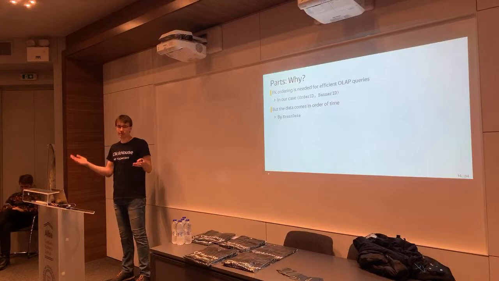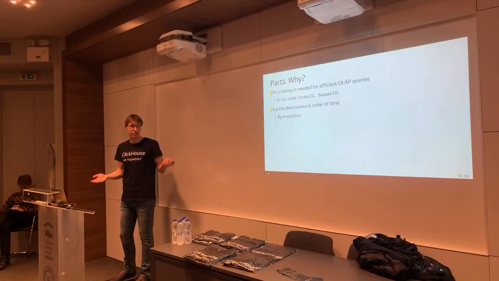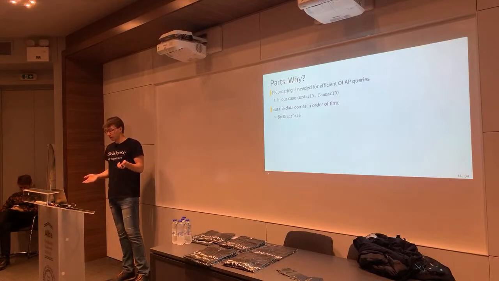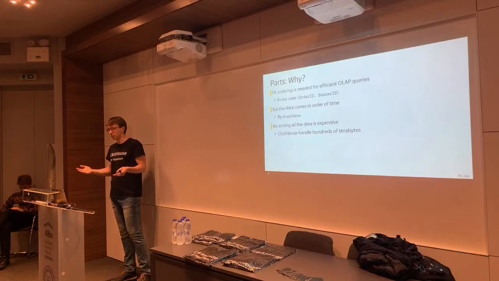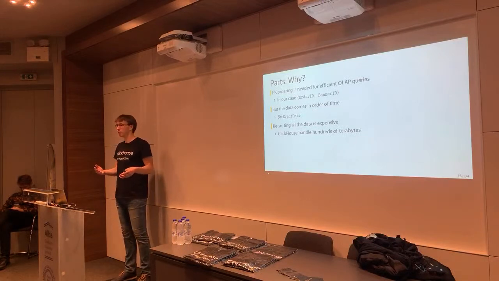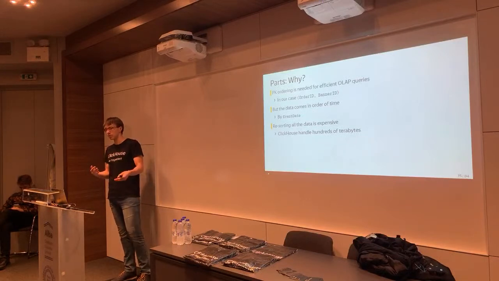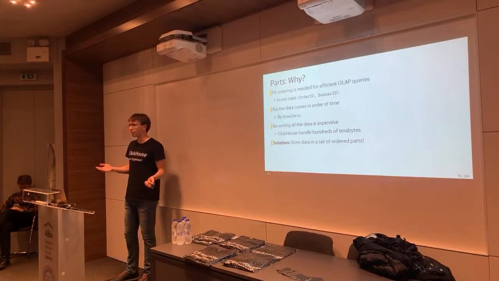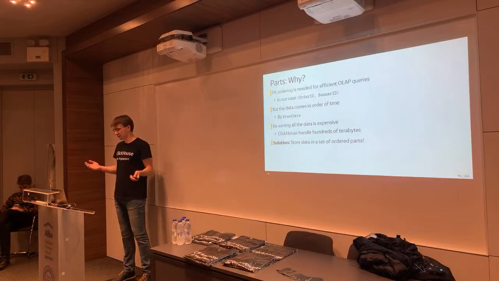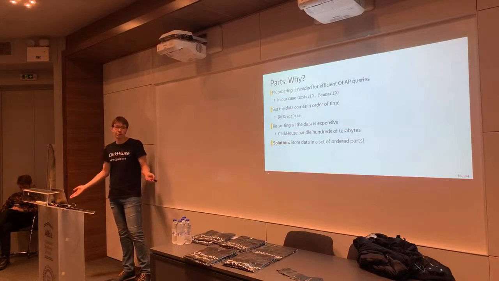Our data will come in the order of time, by event date in our case. And of course, ClickHouse stores a lot of data in its tables, terabytes of data, so we cannot afford to re-sort everything at each insert. It is very expensive. So we use the simplest solution which comes to mind first. Let's store our data in a set of ordered parts.